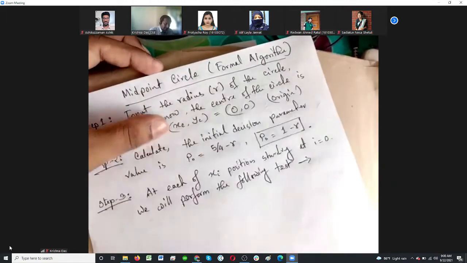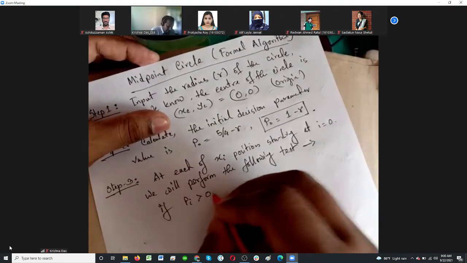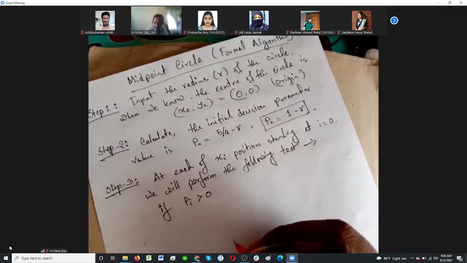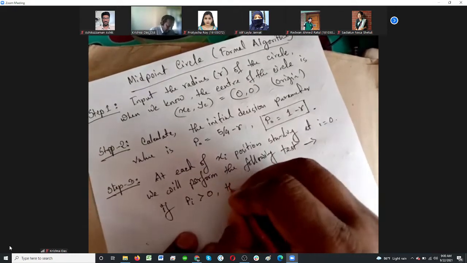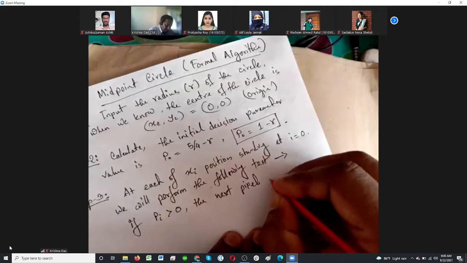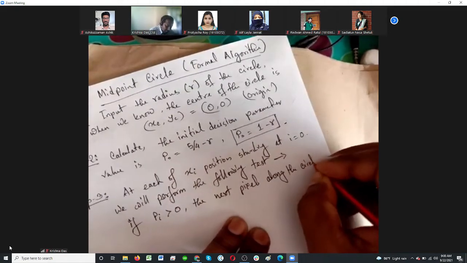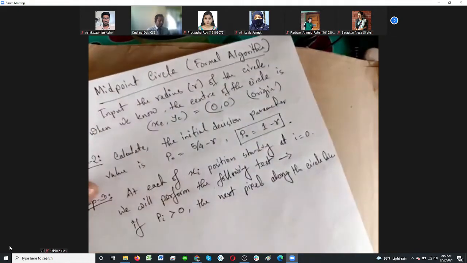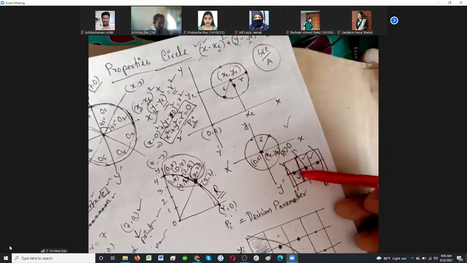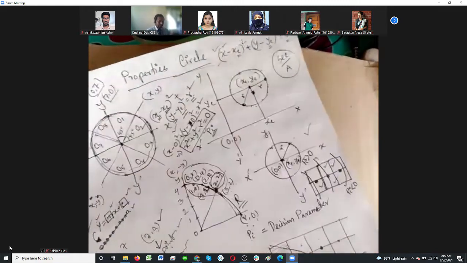If P of i is greater than 0, then what we are going to do, the next pixel along the circle line should be, when P of i is greater than 0, that means the midpoint is outside the boundary, and then it is better to take the lower one.